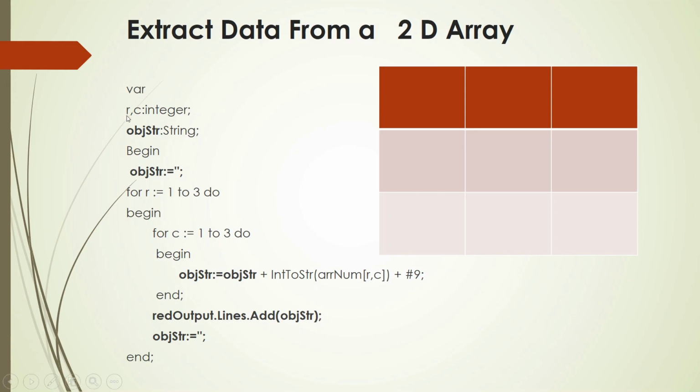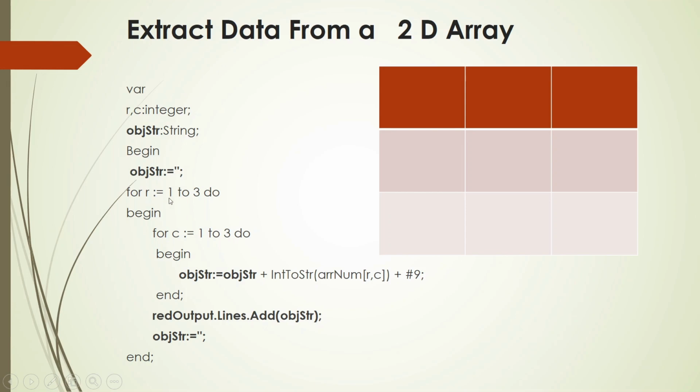I've got 2 loop counters, R and C, both of data type integer. I've created an object string to concatenate each value of each row of the array. We're going to see how the object string works and performs concatenation. Because it is a string variable, I've initialized it to the null string.